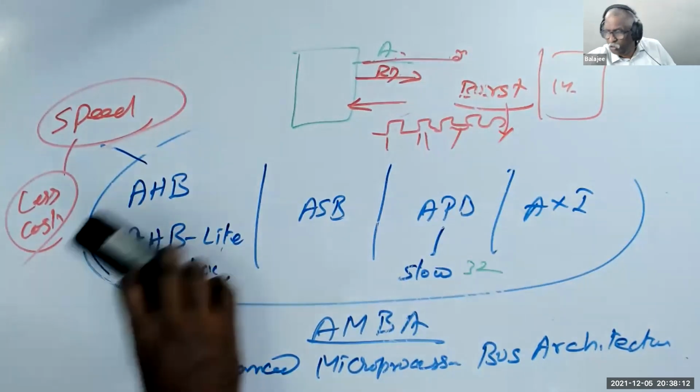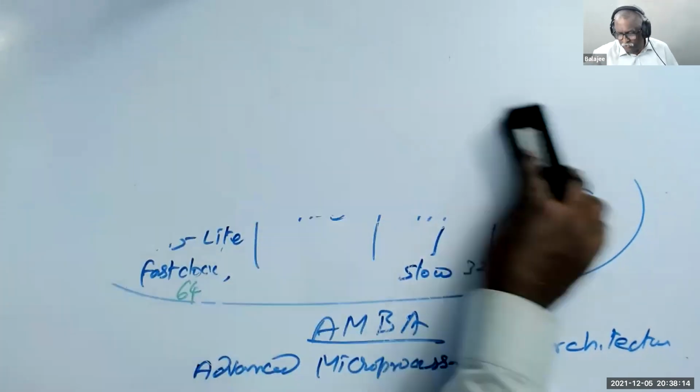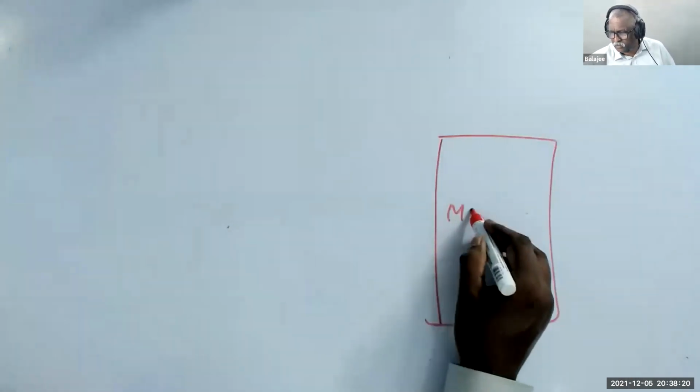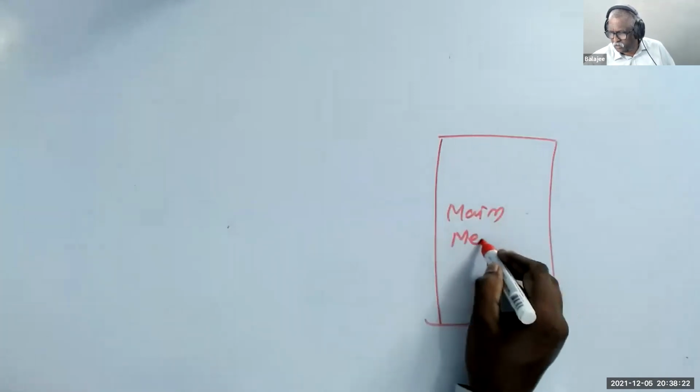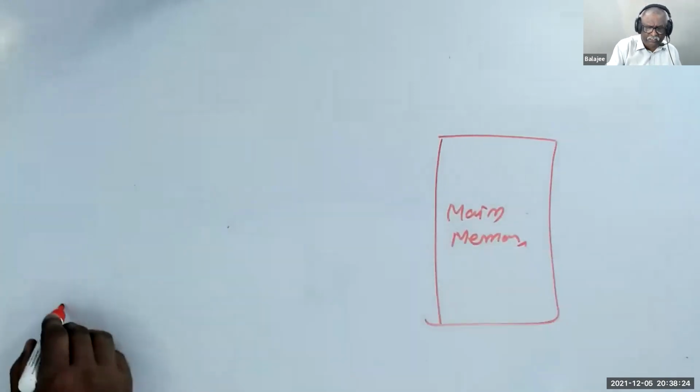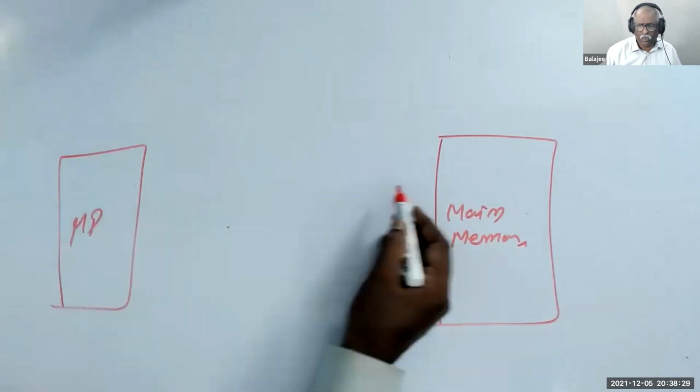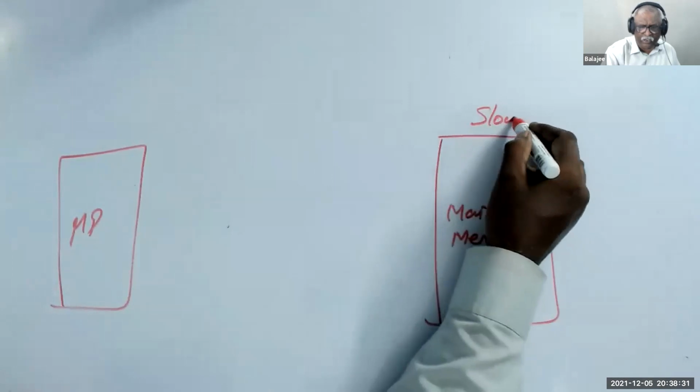Why do I need it? I'll tell you a very nice thing. I have a main memory and I have a CPU. This guy is slow, this guy is fast.